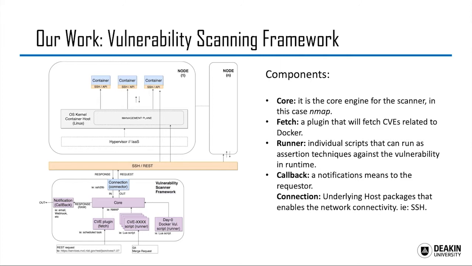And then we have the runner component. It mainly takes care of the assertion techniques against each of the containers and validates the vulnerabilities in runtime. So this is an active component. And the callback is mainly to provide notification back to the requester. And the connection takes care of the connectivity from the framework to the host or to the containers.